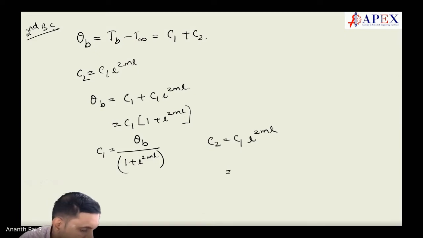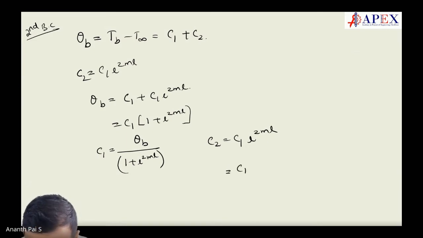Just a second, I made a mistake. Okay, let us write this as C1 into, C1 is theta B into e power 2 ml divided by 1 plus e power 2 ml.